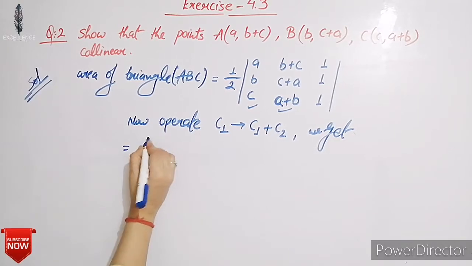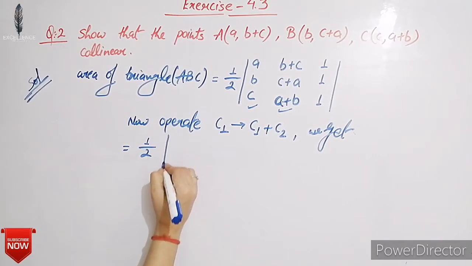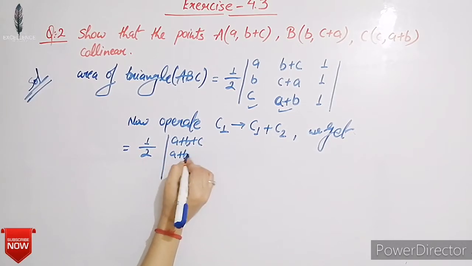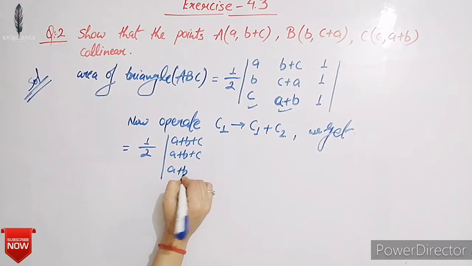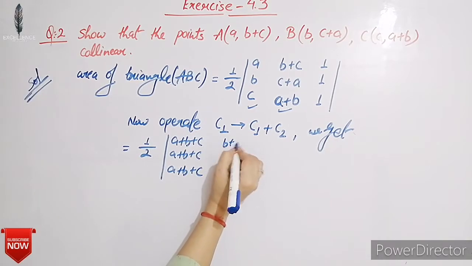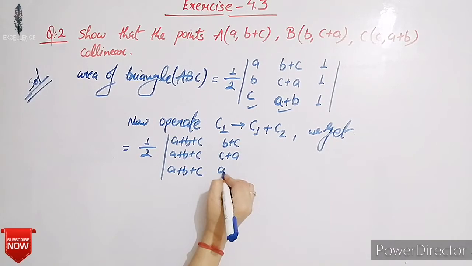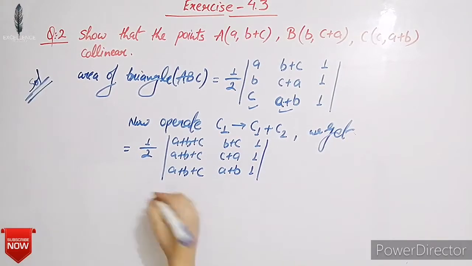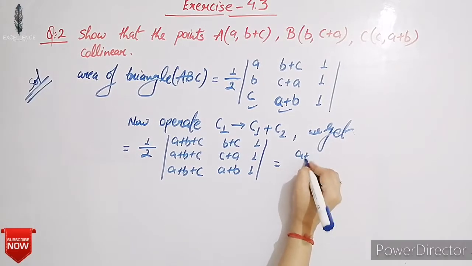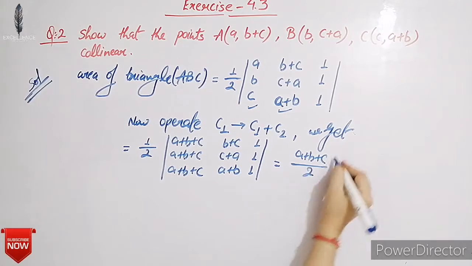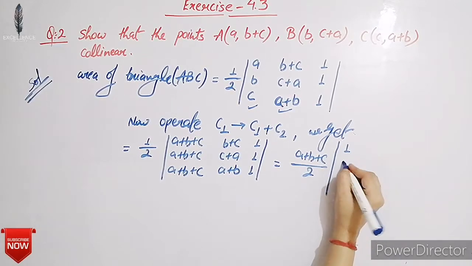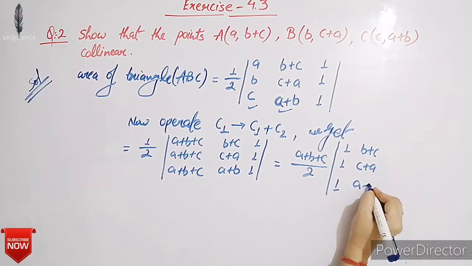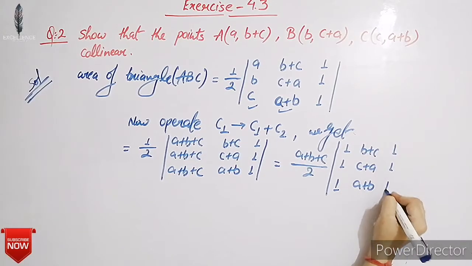So it is equals to 1 by 2, C1 is A plus B plus C, A plus B plus C and here also A plus B plus C. C2 is same, that is B plus C, C plus A, A plus B and here 1, 1, 1. Now taking A plus B plus C common from C1, then we get A plus B plus C by 2 into 1, 1, 1. Here B plus C, C plus A, A plus B and C3 is 1, 1, 1.